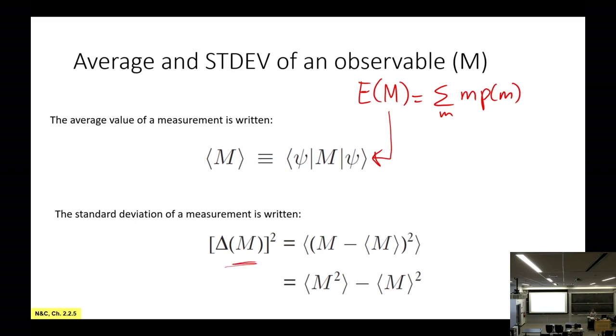So delta M squared is equal to the average of M squared minus the square of the average of M. How do you say this?